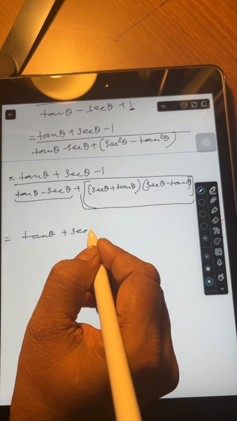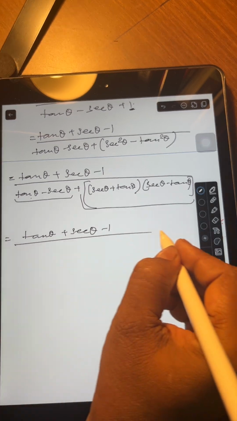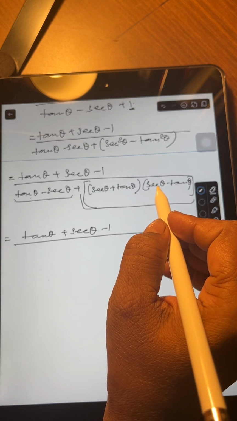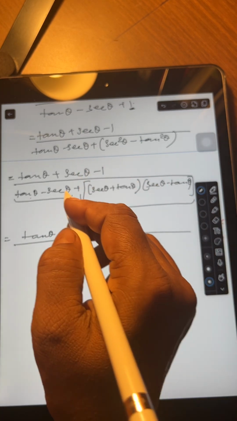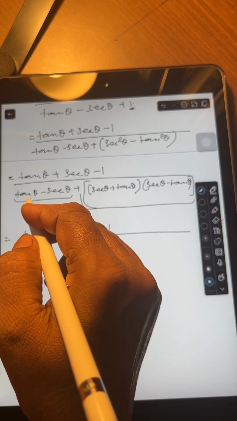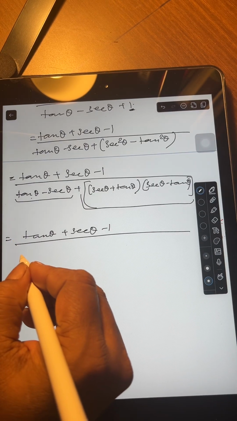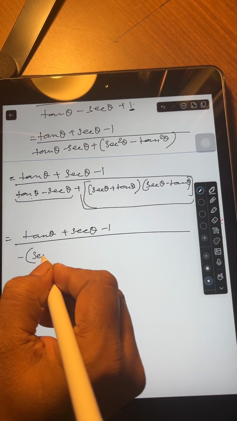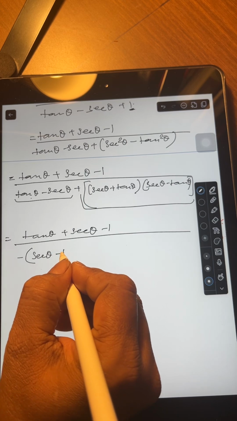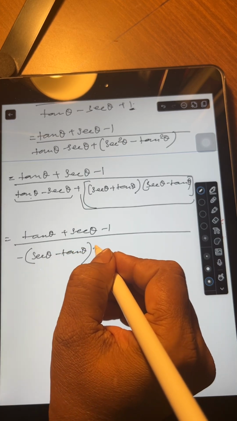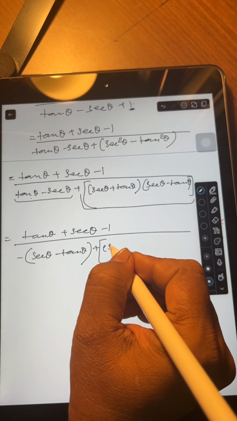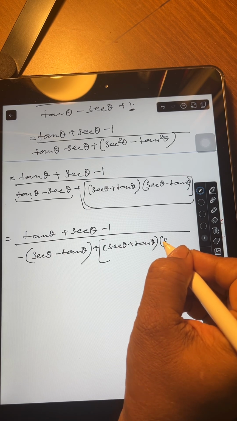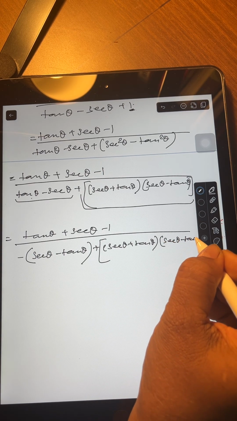Numerator as it is. Okay, before taking common, here it is tan minus secant and here it is secant minus tan. So how can I make this secant minus tan? I can just multiply by minus and then make it secant theta minus tan theta. Clear? Okay, this as it is, you can write (secant theta plus tan theta)(secant theta minus tan theta).